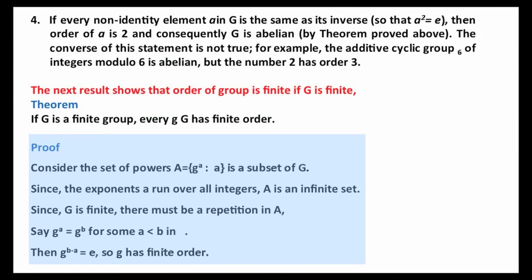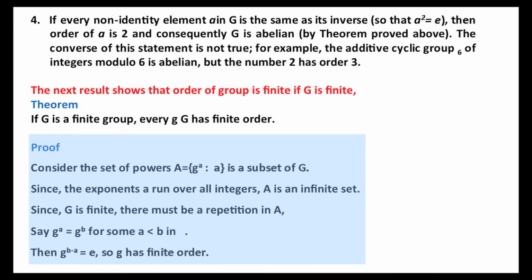Proof: consider the set of powers A equivalent to g to the power a, where a belongs to Z, a subset of G. Since the exponents run over all integers, A is an infinite set.